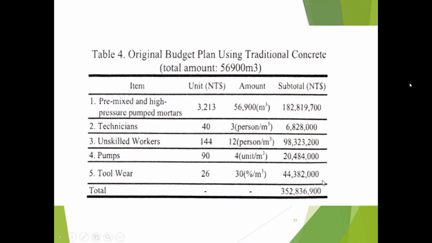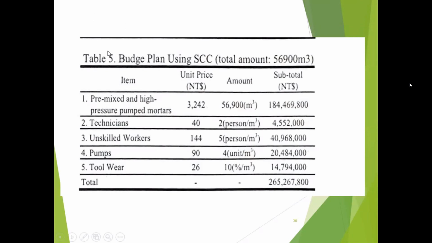So all this you need to work out in detail. We can't do this detail for all the options. So therefore, for the first few we will do a detailed evaluation that happens in the development phase, right? So it comes to 352 million something. And see the alternative budget plan using SCC concrete. That's the same quantity. So premix high pressure pumped mortars, 184 million.